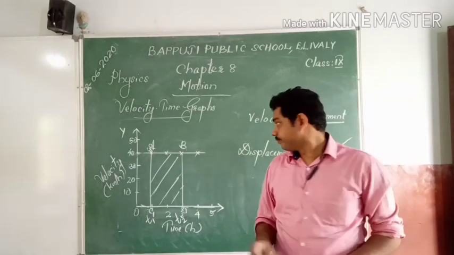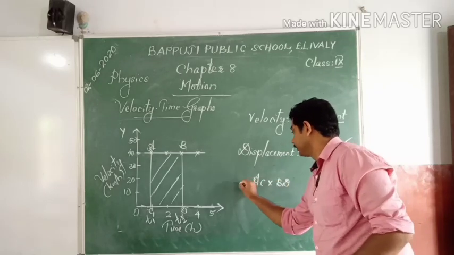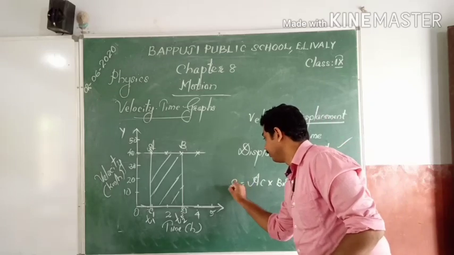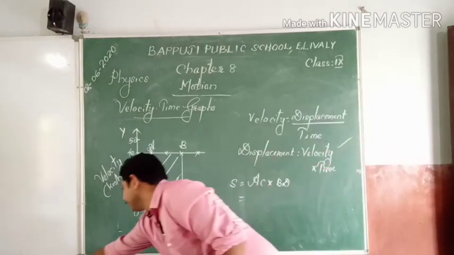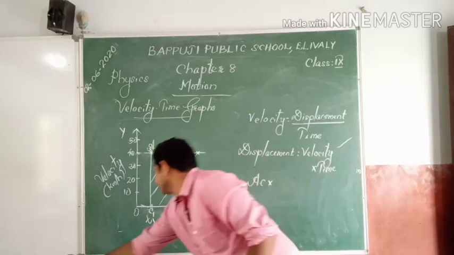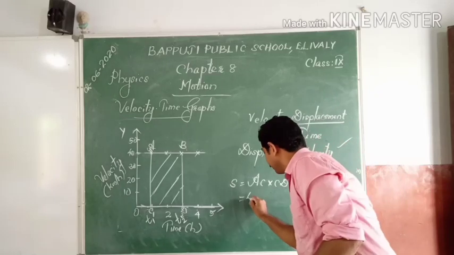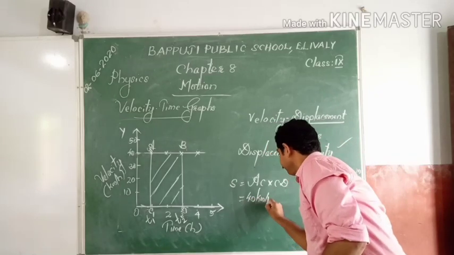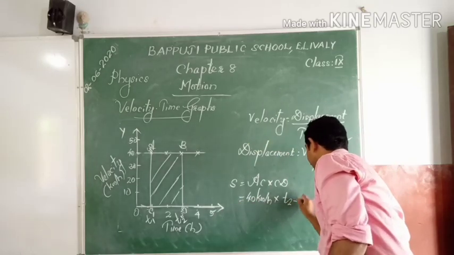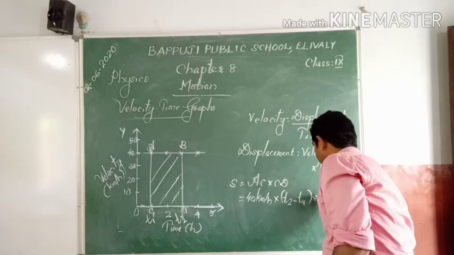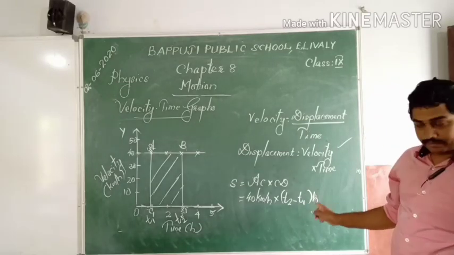And so the distance, AC into BD. Distance or displacement is denoted by S, which is equal to AC into CD. That is equal to 40 km per hour into t2 minus t1 hours.